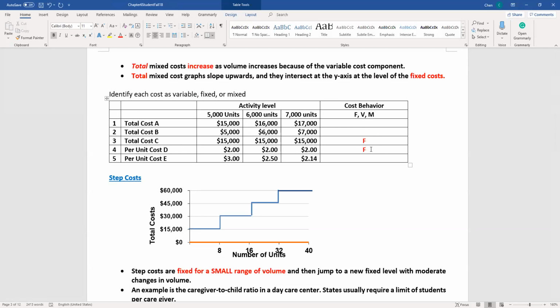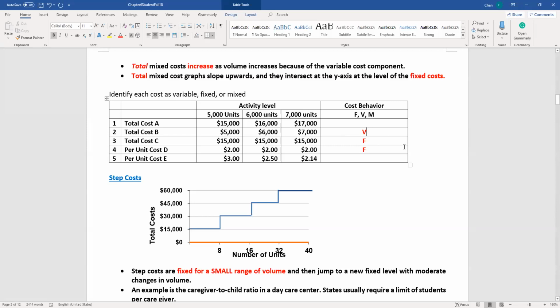And how about 2, total cost B: for 5,000 units, total cost is 5,000, 6,000 units, total cost 6,000, 7,000 units, total cost 7,000. So it's like proportionally increasing the cost as your units increase. So we'll say that this is a variable cost, okay?